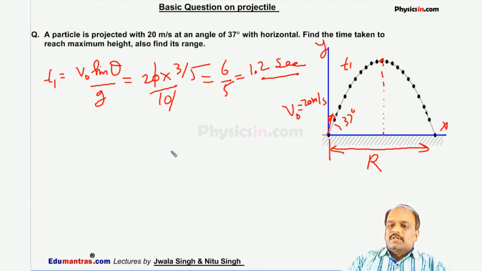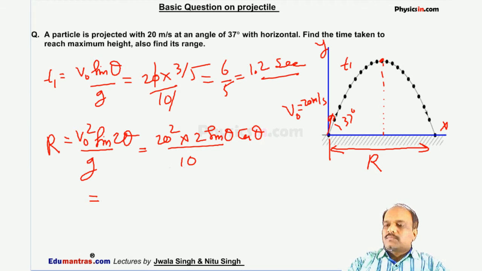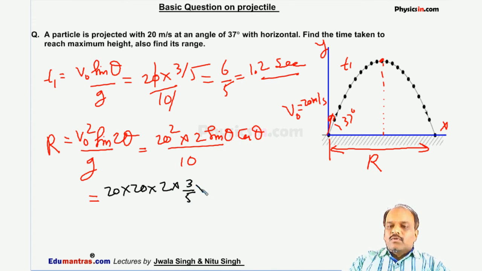Range is v naught square sine 2 theta by g. We know v naught square means 20 square. Sine 2 theta means 2 into sine theta cos theta, by g means 10. So it is equal to 20 into 20 into 2 sine 37 cos 37, where sine 37 means 3 by 5, cos 37 means 4 by 5, and g means 10.